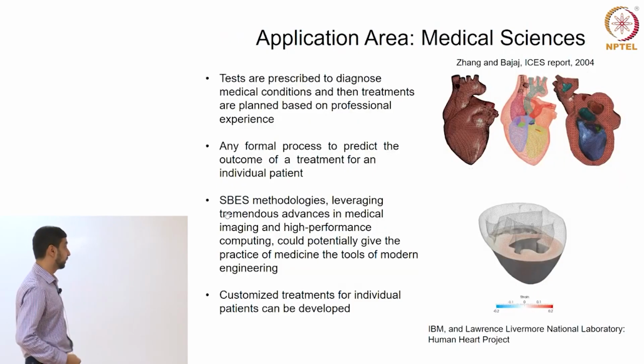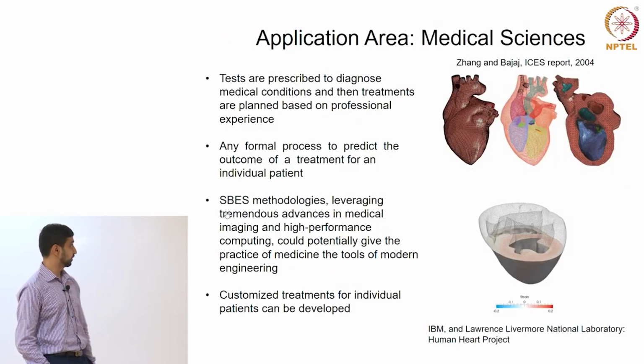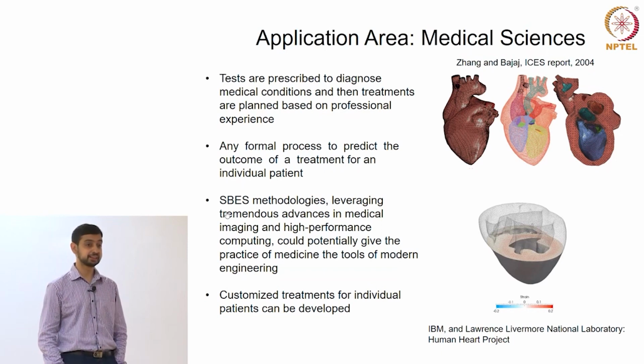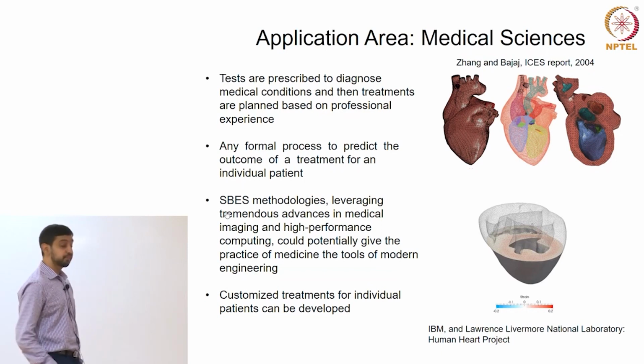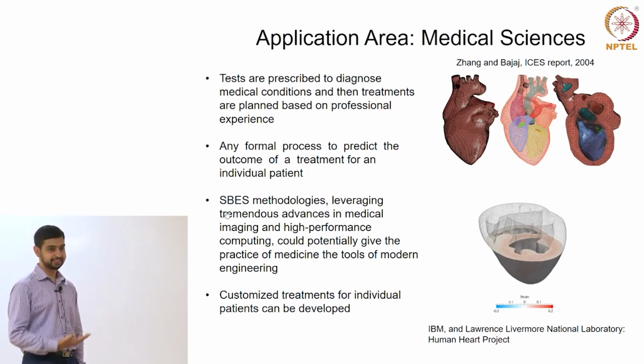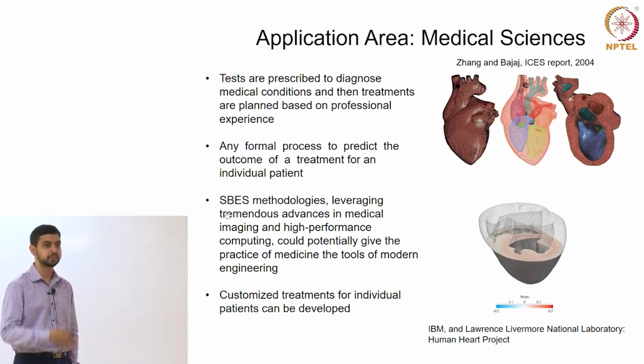Going forward, there is also medical sciences where simulations are making their foray, and there is a lot of similarity between medical sciences and engineering, right? But there is no concept of predictions in medical sciences. In engineering, we try to predict a lot. We try to predict the future.